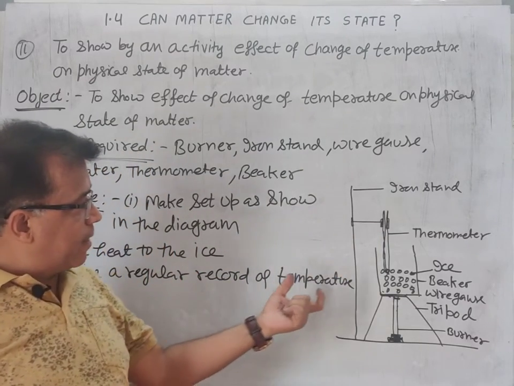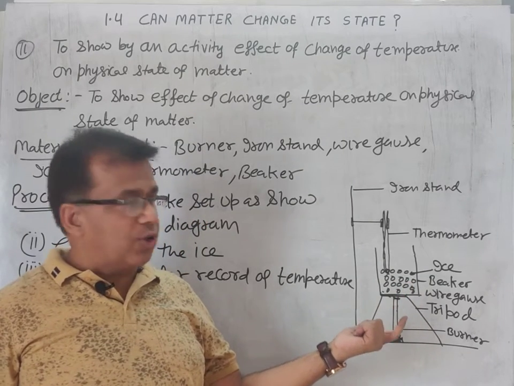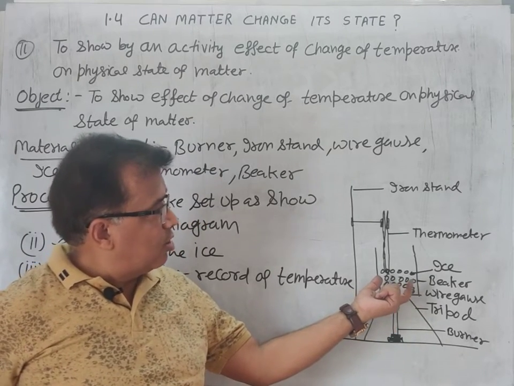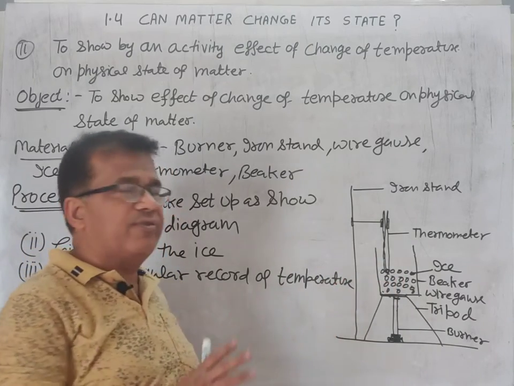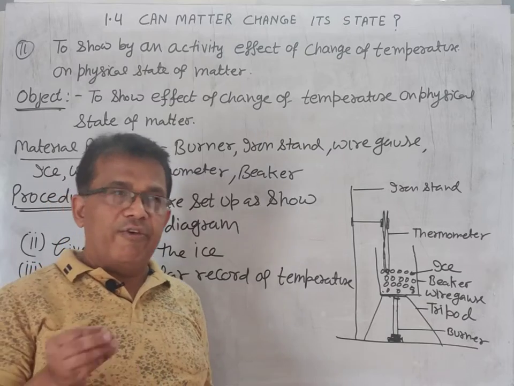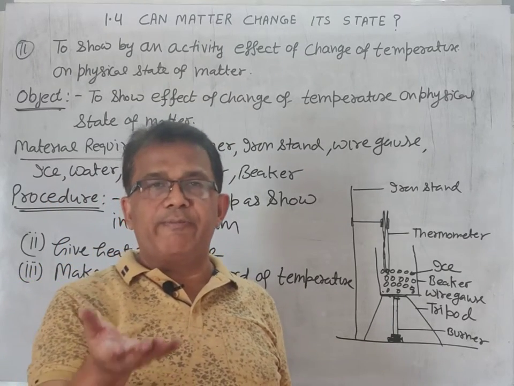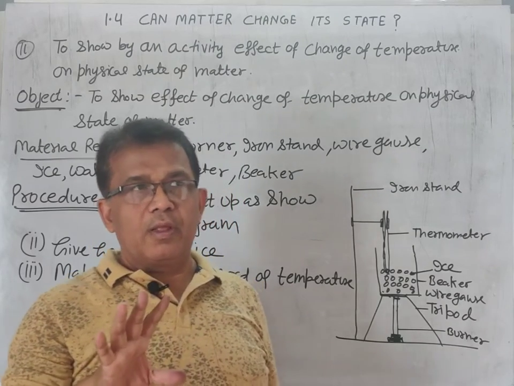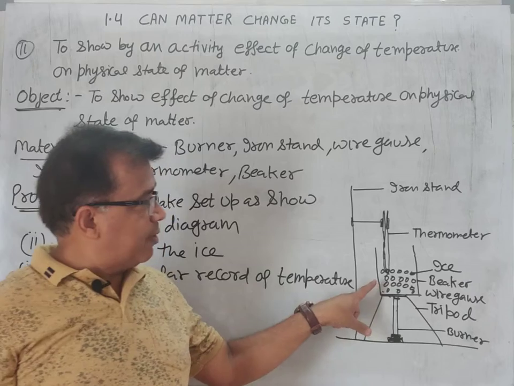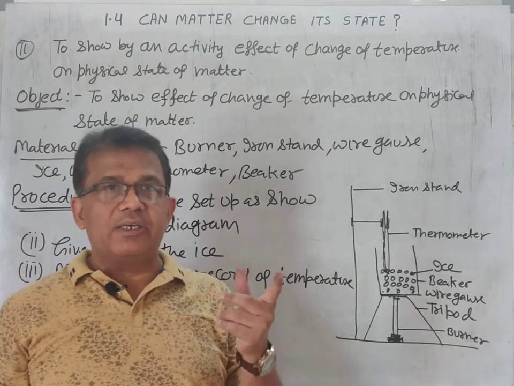Now listen, ice has some temperature, generally below 0 degrees. So for example, let it be -5 degrees Celsius. When we give heat, temperature will increase from -5, -3, -2, 0. But when the temperature becomes 0, after that the temperature will not rise.